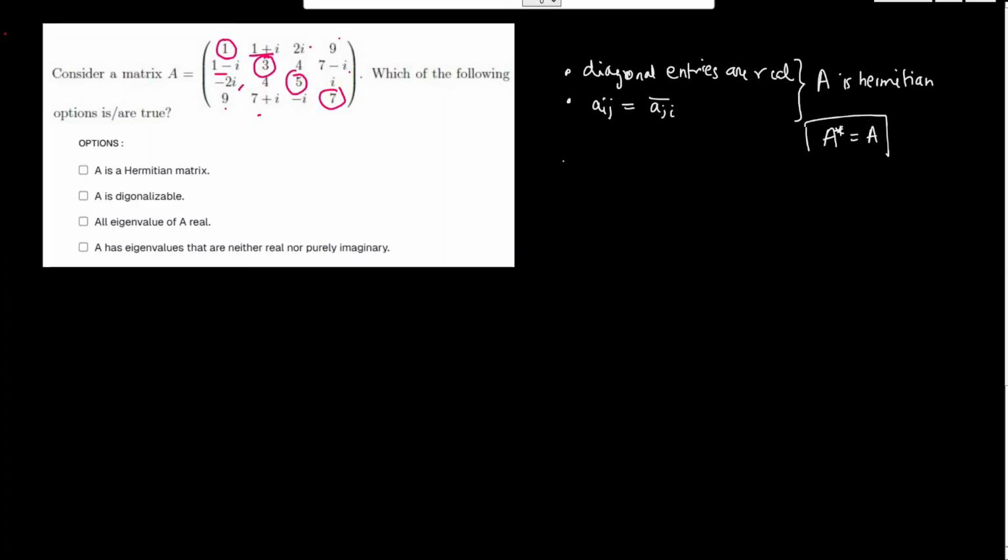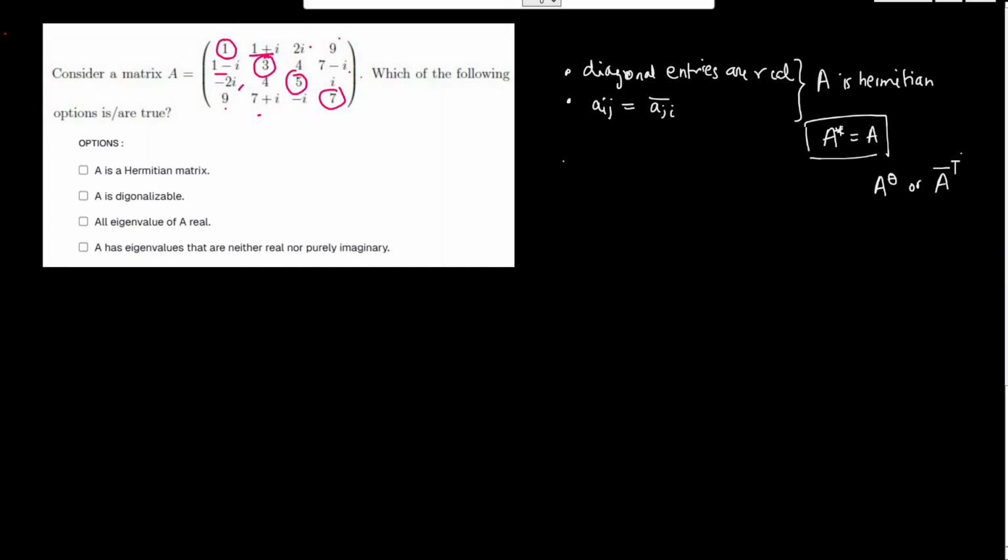Where A star means you're taking the transpose and then the complex conjugate, or the complex conjugate and then the transpose. It doesn't matter. Also A star can sometimes be represented as A dagger or as A conjugate transpose, right? So these are also alternate notations.